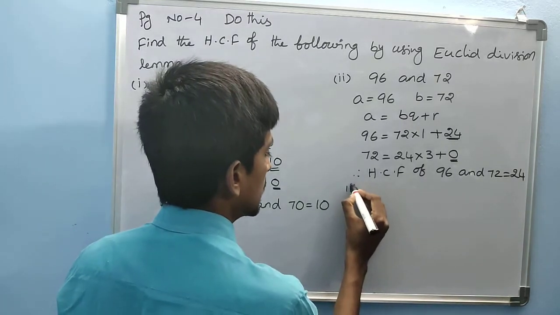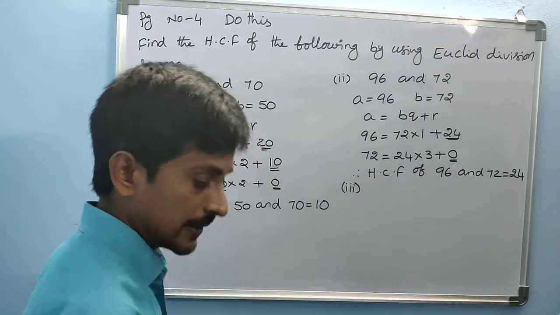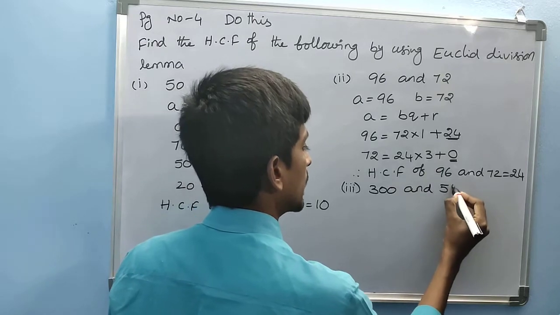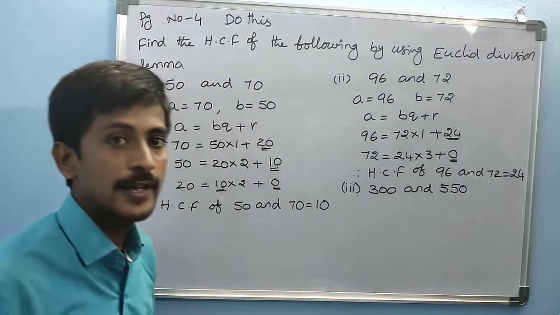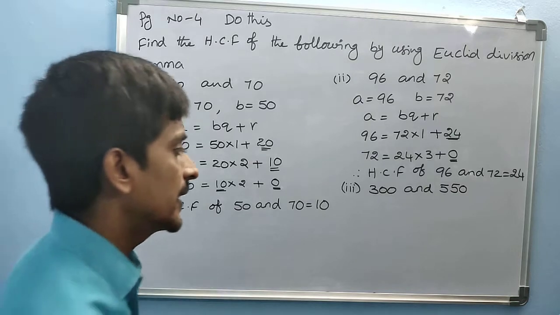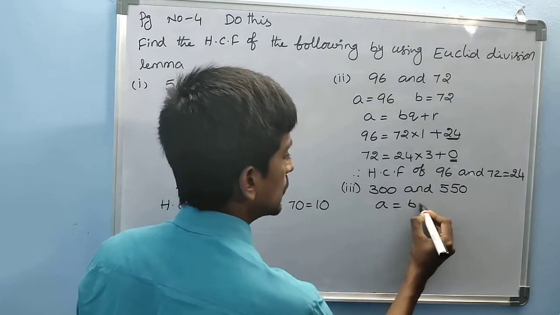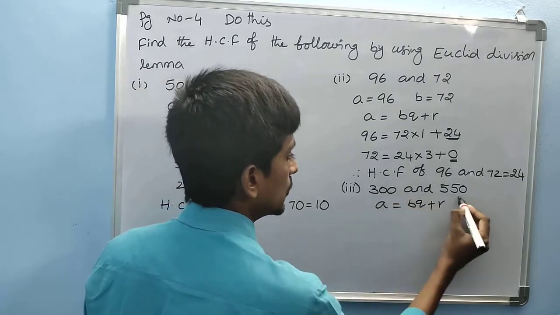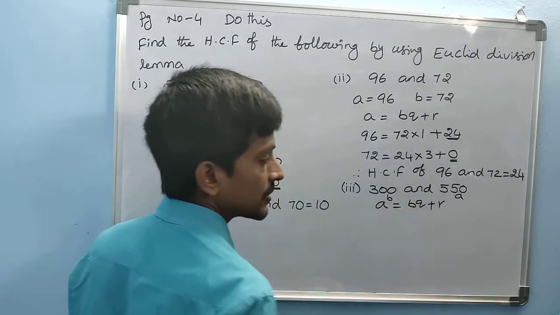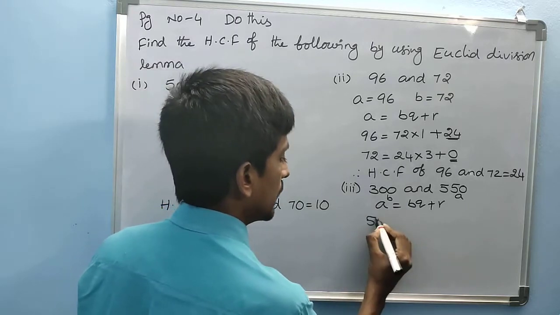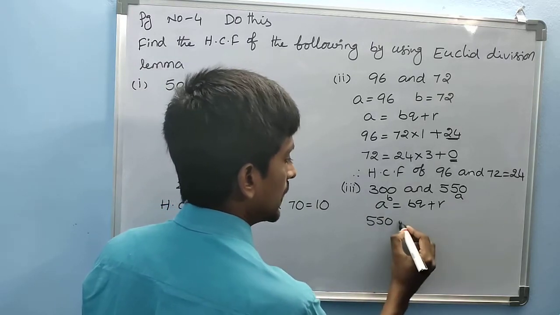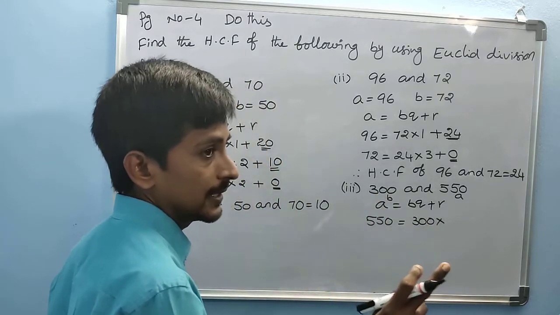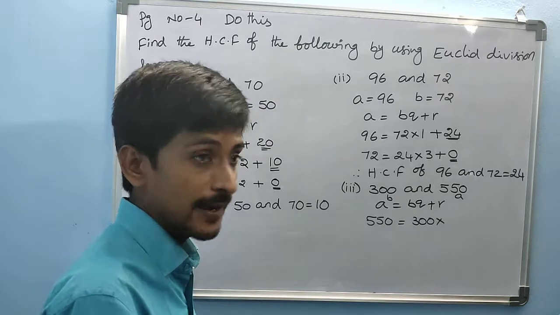And the third one is 300 and 550. Here also A equals BQ plus R form, where A equals 550, B equals 300. 550 equals 300 into 1, since 300 twos are 600, which is more.